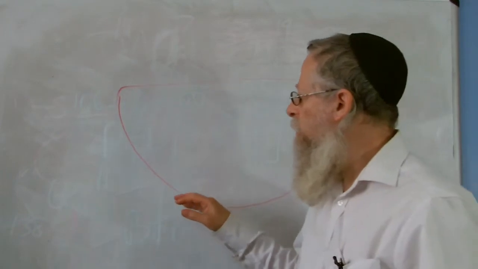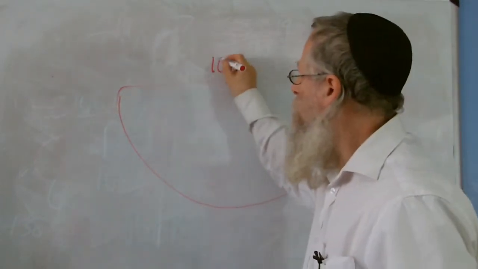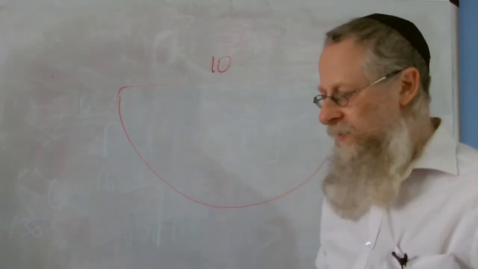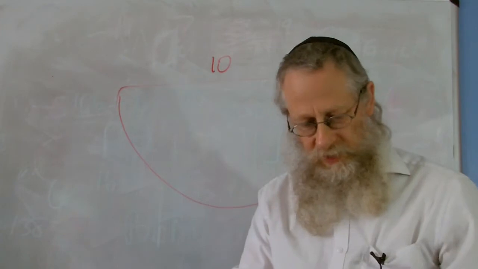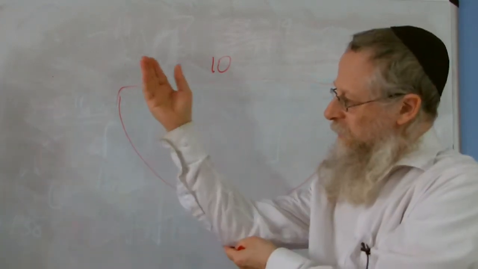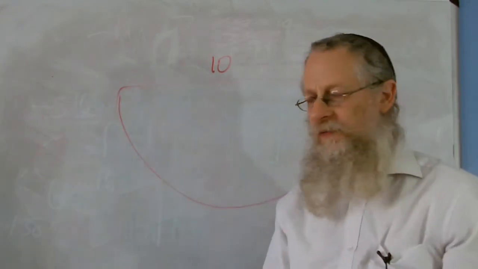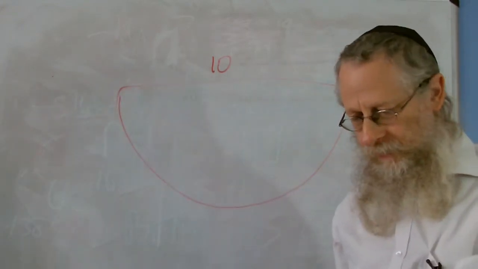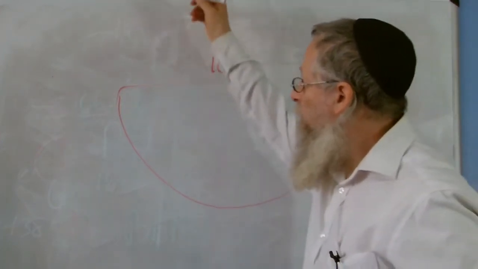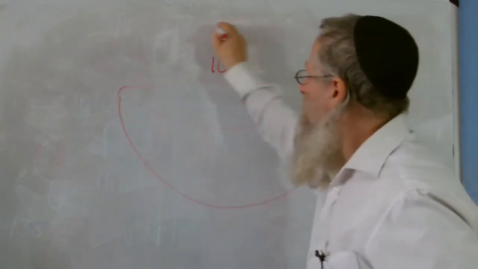What is described is a hemisphere which is 10 amot across. An amma is about 18 inches. I think it's from the fingertips to the elbow. I'm a small guy, okay? So about a foot and a half. So it was 10 ammas across, and looking down, it was 30 amot around.